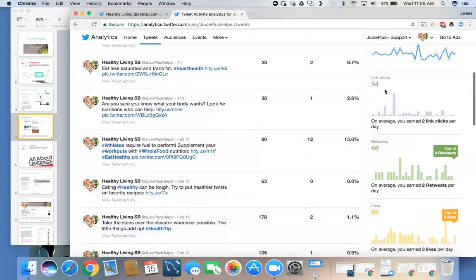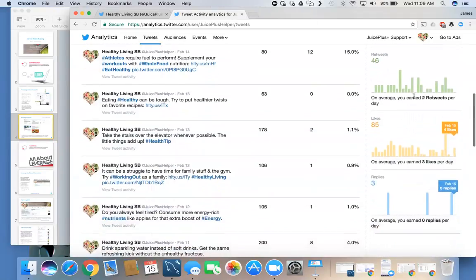But then it'll tell you your link clicks. So this is a good thing to take note of, especially if Soundboard is tweeting for you and we're tweeting out links to your specific Juice Plus site frequently. Now remember, sometimes we do tweet out articles and we don't want to be overly promotional. But here's just a quick glance at how many click-throughs you've gotten. And of course, your retweets, your likes, and your replies.